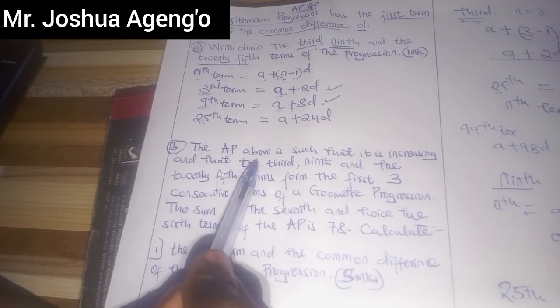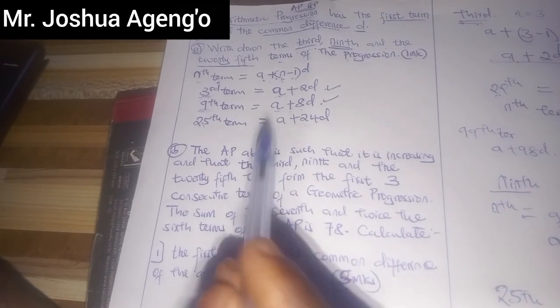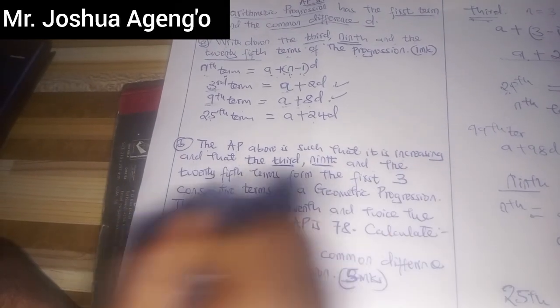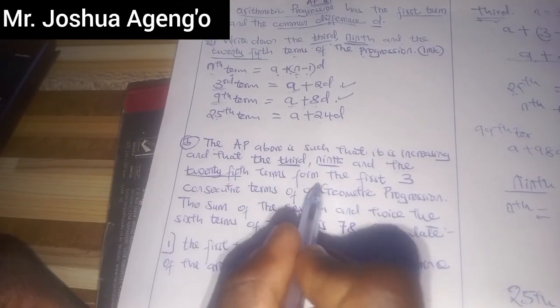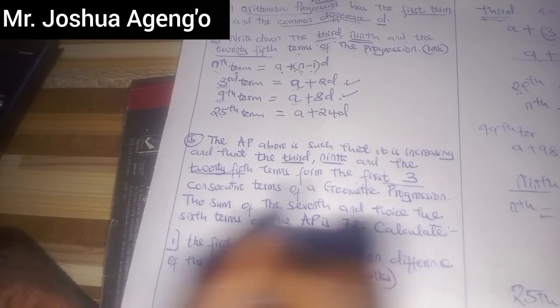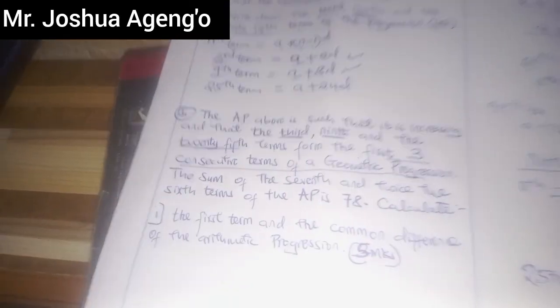So the AP above is such that it is increasing, and that the third, underline those words, the third, 9th, and the 25th terms form the first, underline this also, form the first 3 consecutive terms of a GP, a geometric progression, in other words.